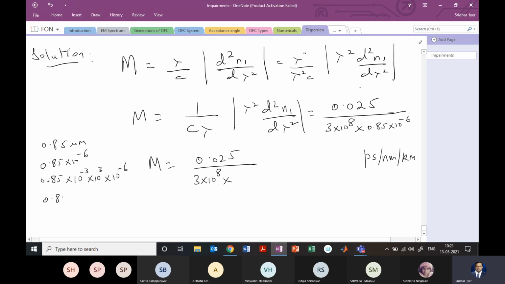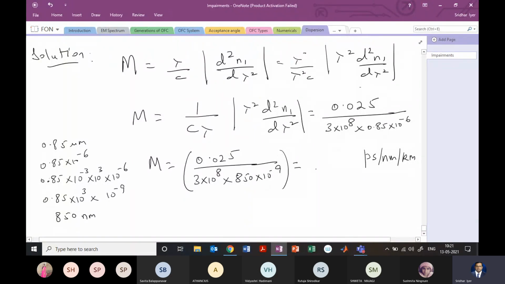So I'll get 0.85 into 10 raised to 3, and this 10 raised to negative 3 and 10 raised to negative 6 will become 10 raised to negative 9. So you'll get 0.85 into 3 will be 850, and you'll get nanometer, right? So I'll just write this as 850 into 10 raised to negative 9. So that is the units. Then I can write it as nanometer per kilometer.